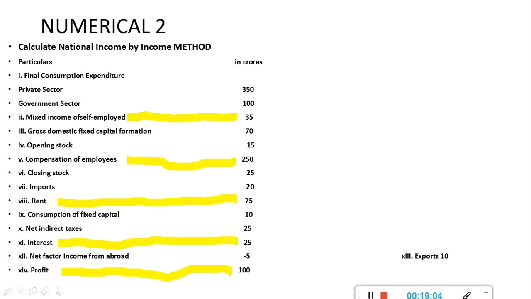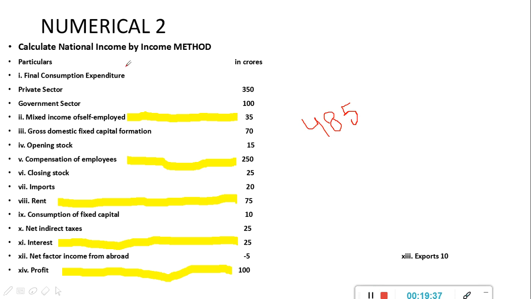We will add all of them. And in this question, mixed income of self-employed is also given as 35. We will add this also for calculation of net domestic product at factor cost. After adding compensation of employees, the components of operating surplus, that is rent, interest and profit, plus mixed income of self-employed, we will get net domestic product at factor cost as 485.